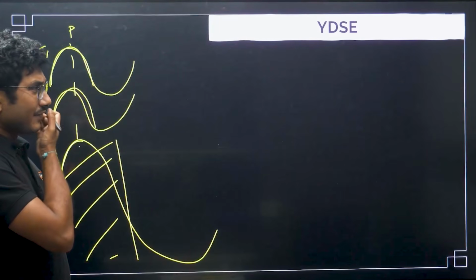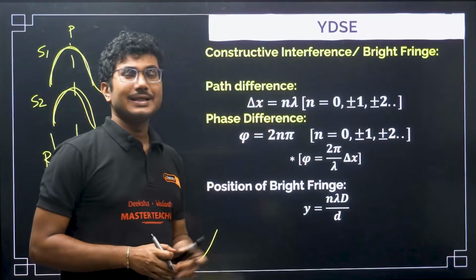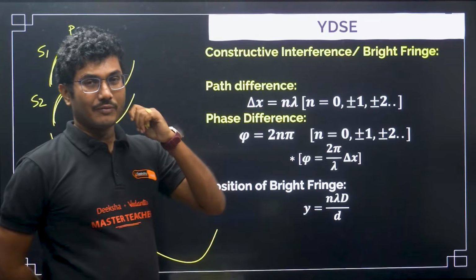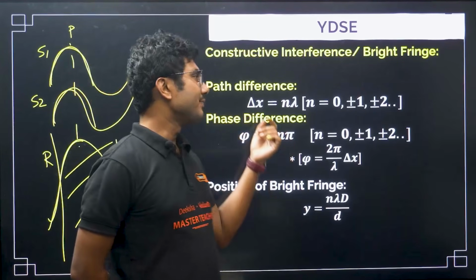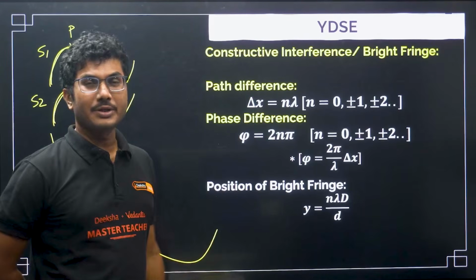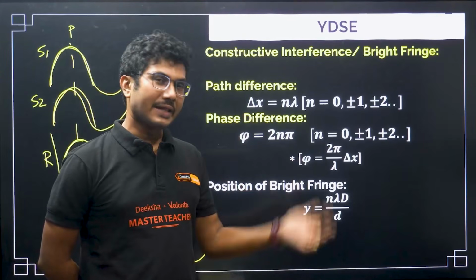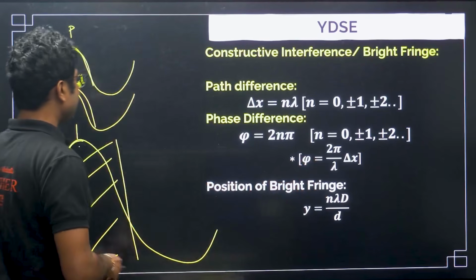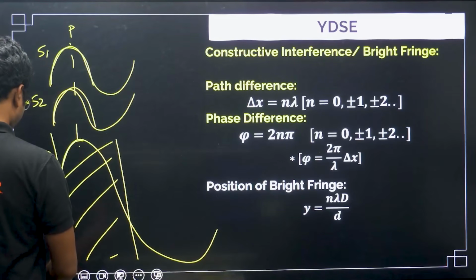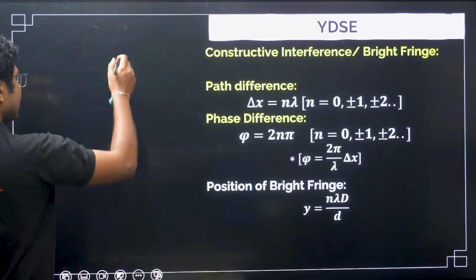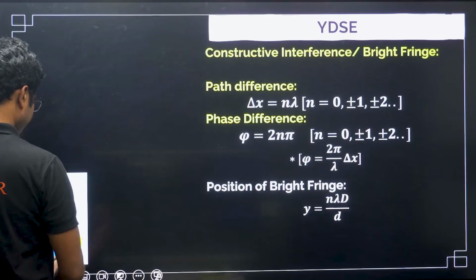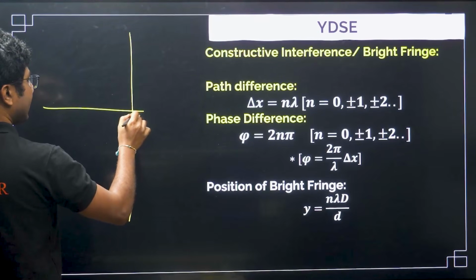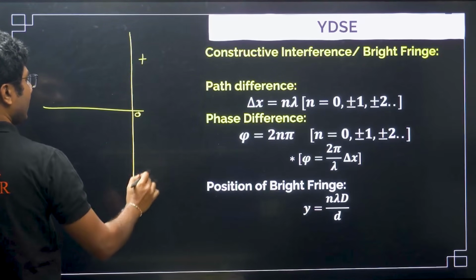So this path difference delta x, if it is an integer multiple of the wavelength lambda of light, integer means 0, 1, 2, 3, 4 and their negative terms, plus and minus. For all points on the screen, all points above the central maximum are positive, below is negative.